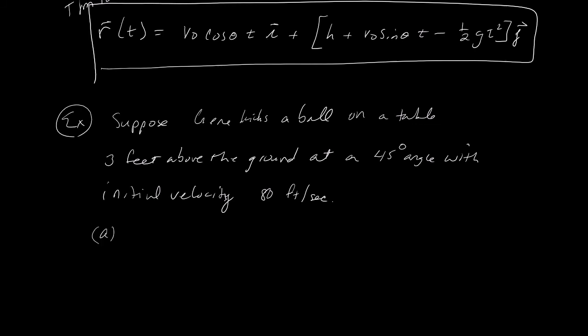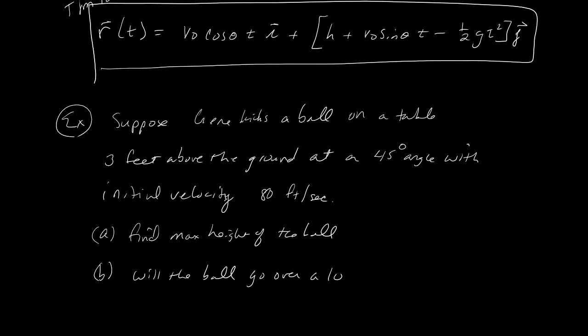A, find the maximum height of the ball. And B, will the ball clear a 10-foot wall 200 feet away? In other words, will the ball go over a 10-foot wall 200 feet away?